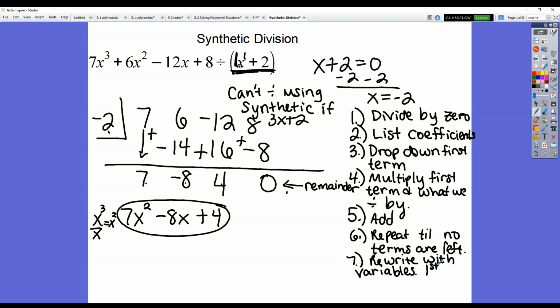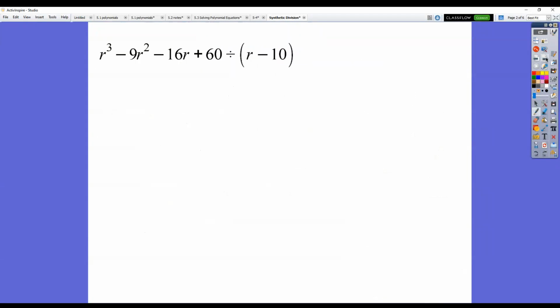The first variable is 1 degree less than in the original problem. So there's synthetic division. Let's look at another example.